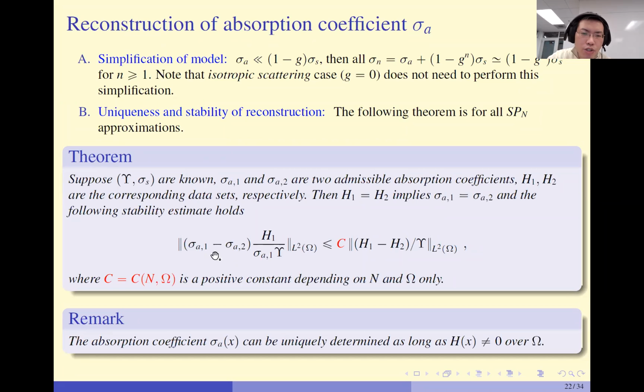But here we can show that for any laser source, you enter the SPM model, and you can show there is a stability estimate. It does not have any requirements on the laser source. And here this constant depends on your model and also depends on the domain.